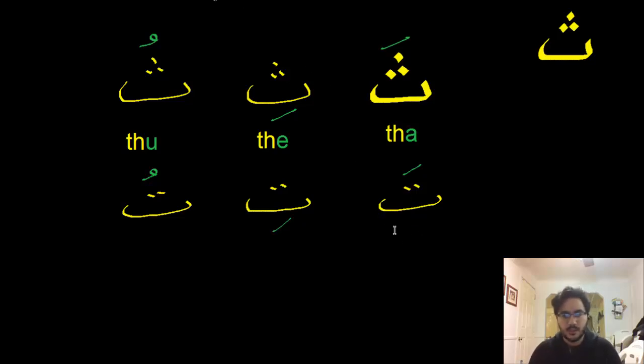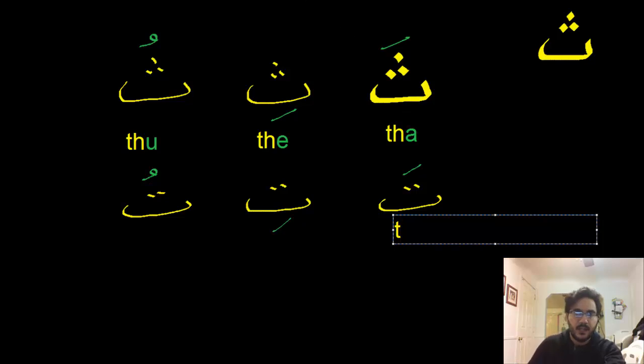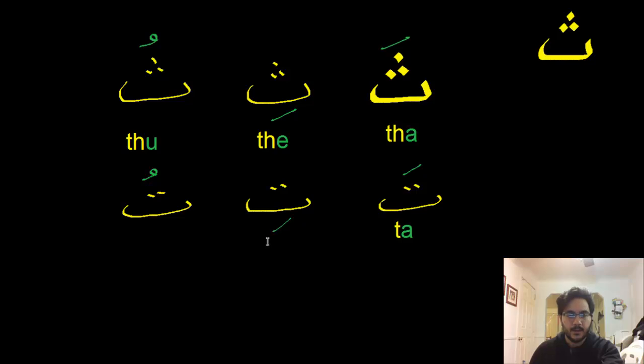So in English, that would be T followed by an A, so it's ta. In this situation, it's a ta followed by a kasra, which is E, making it ti.